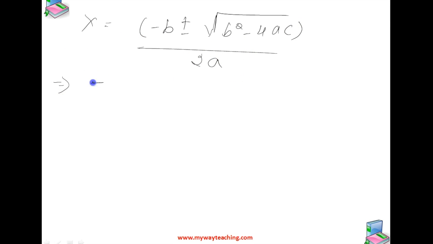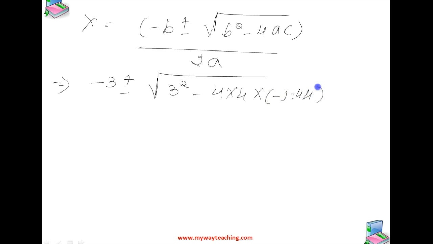After substituting the values, square root of B squared, 0.3 squared, minus 4 into A, which is 4, into C, which is minus 0.144, divided by 2A, A is 4.